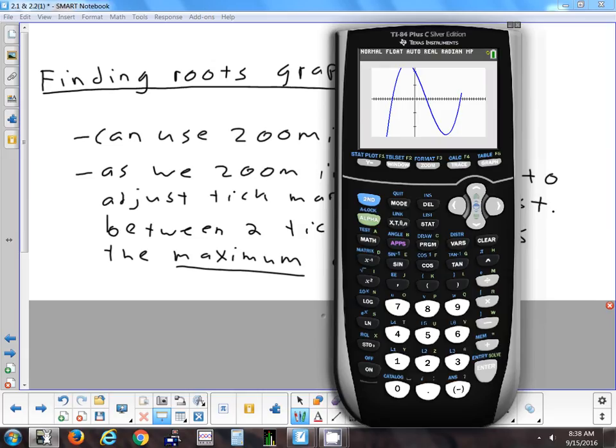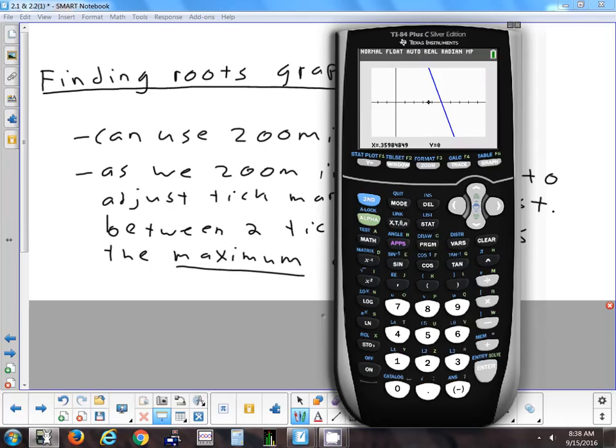All right, and now what I'll do is I'll zoom in a little more. Zoom in right about over here. And now by zooming in, I can tell, well, there's a root somewhere between, that's 0.1, 0.2, 0.3, 0.4. It looks like it's right on 0.5, okay, which is 1/2.